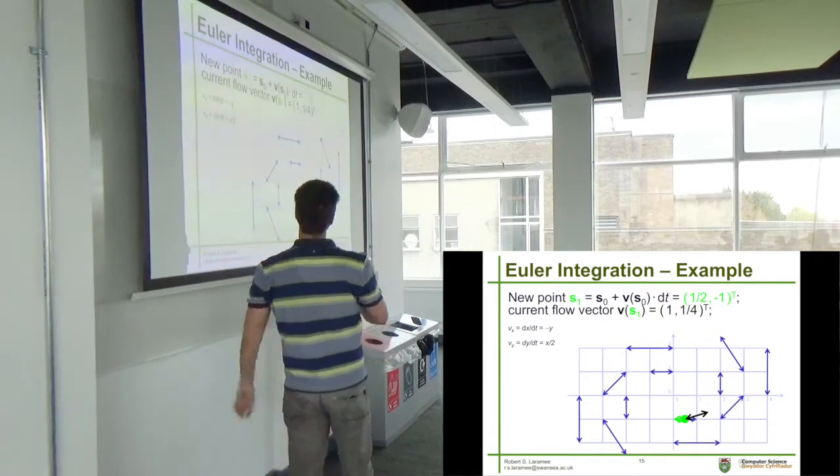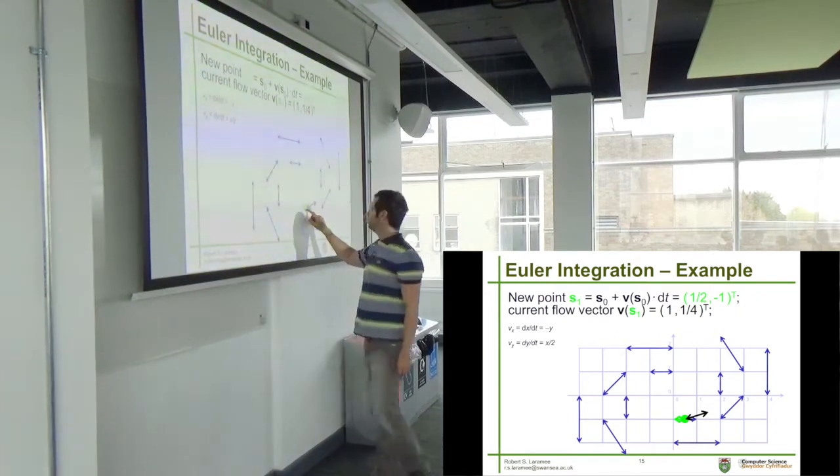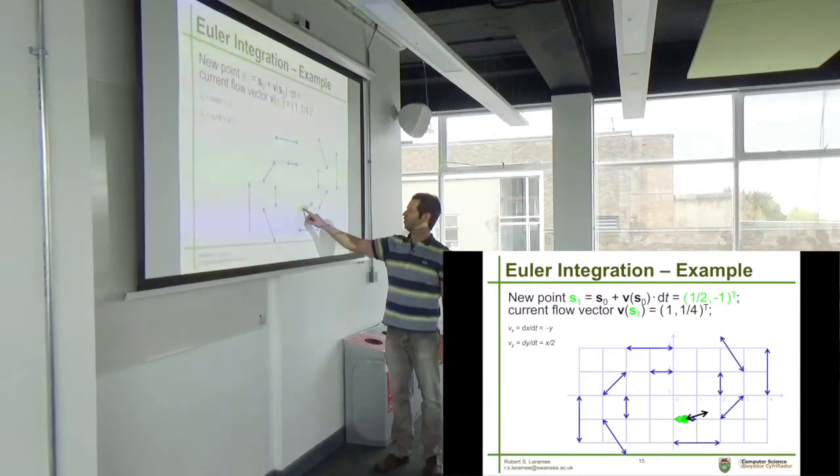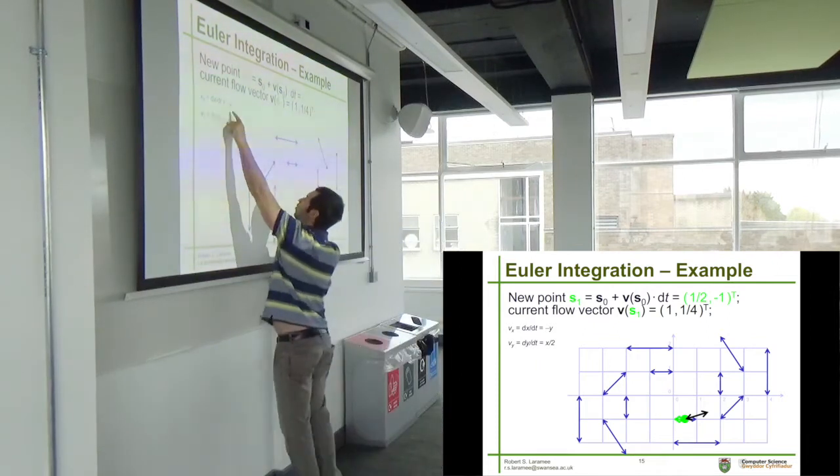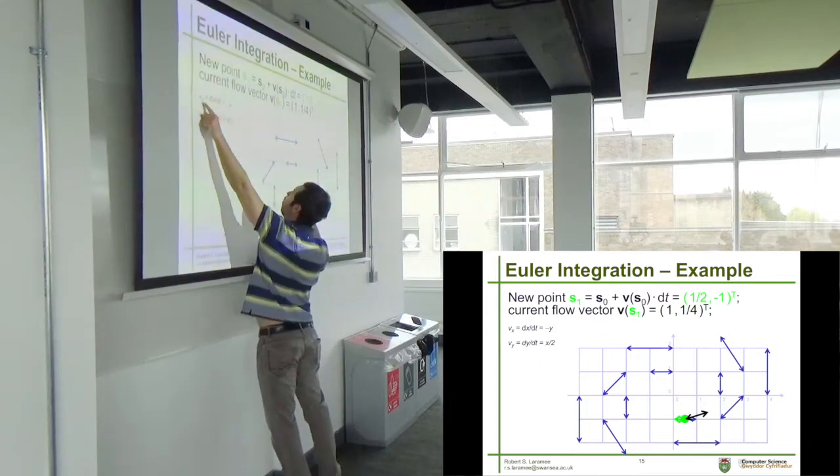And if we want to get the current flow vector here, we need to do the same exercise. So what's the x component? Well, the x component is minus y. In this case, y is minus 1. So minus 1 times minus 1 is 1.